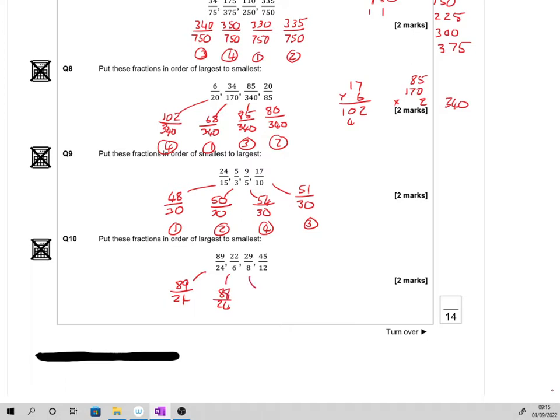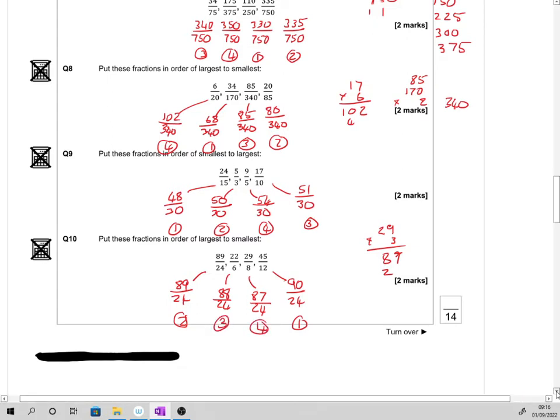Multiply by 3, 3 nines are 27, 3 twos are 6, and 87. And multiply by 2, which is 90 over 24. So largest will be this one, then this one, then this one, then this one.